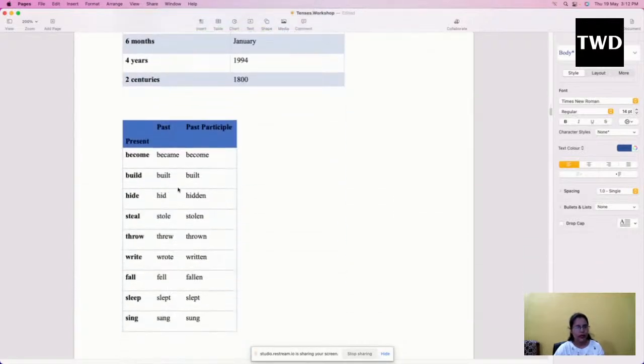Then, okay, this is what we were talking about. This is the v1 form of the verb, this is v2, and this is v3. The moment we say v1, that means you have to use the present form of the verb. V2 means you have to use the past form of the verb. V3 means you have to use the past participle form of the verb.